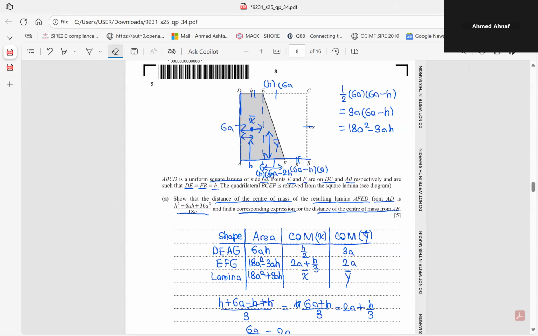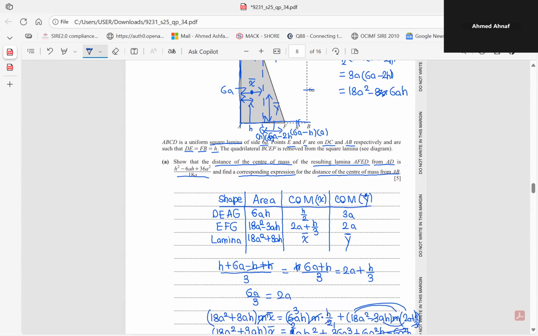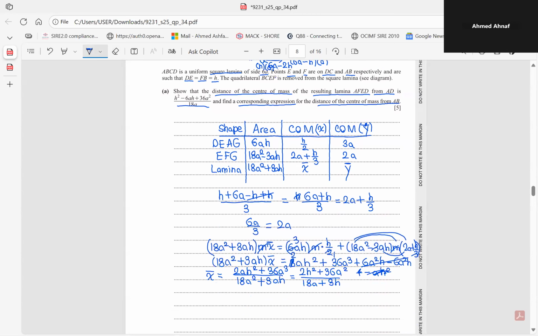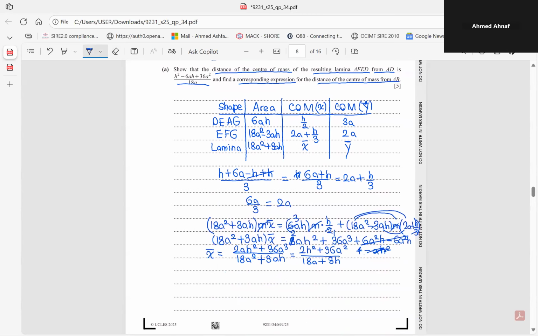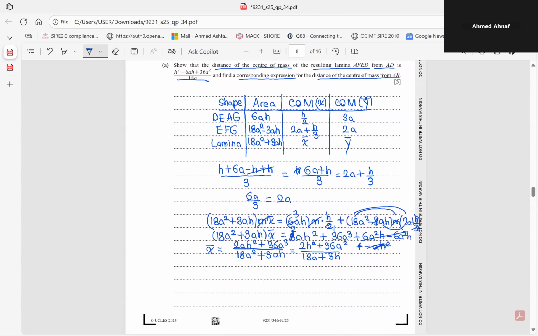Found another mistake again. This is supposed to be 6a minus 2h, like the base of the triangle. So let me correct it accordingly. So this is 6ah. Yeah, so this is supposed to be 6.